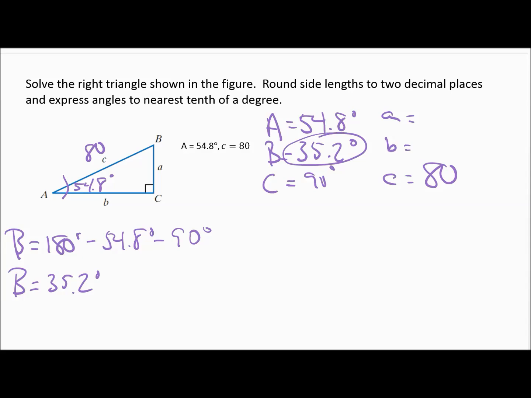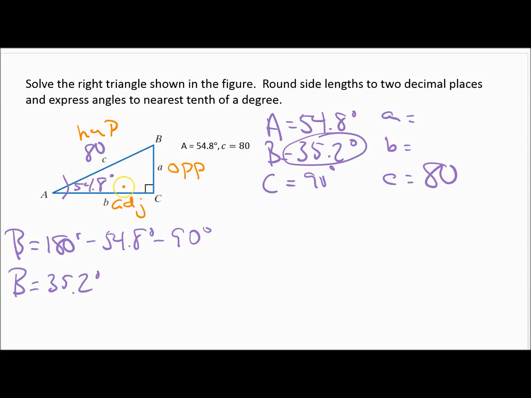I want to find either side A or B. I'm just going to go with A first because it's first on my list. Now, compared to 54.8, notice A is the opposite. So A is opposite, B is adjacent, and C is hypotenuse. Again, this is in terms of where A is.